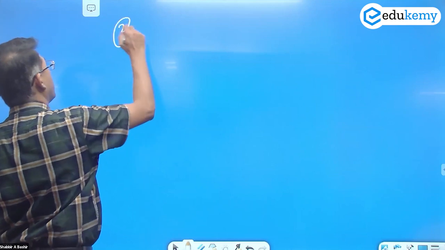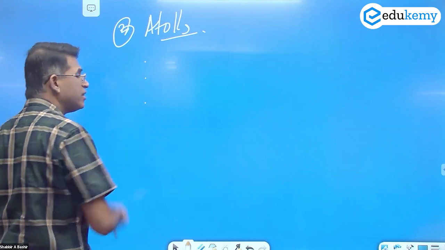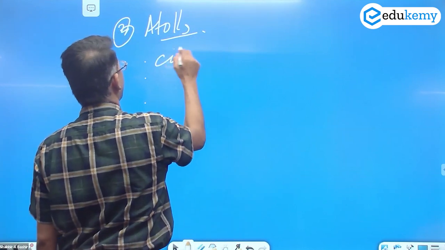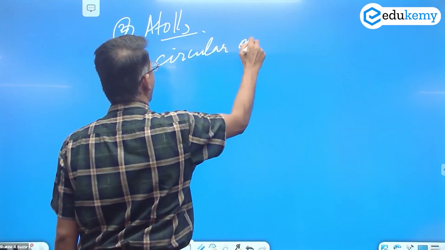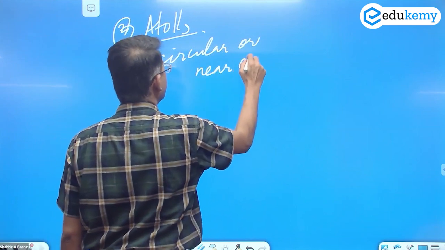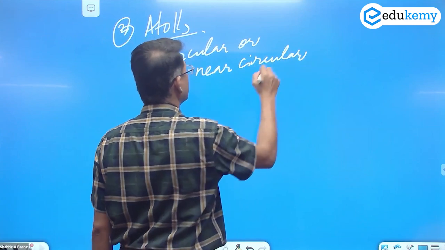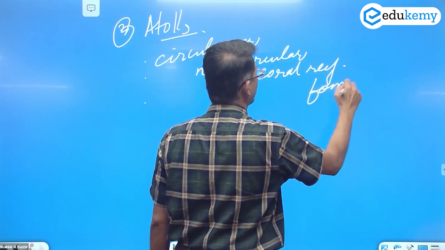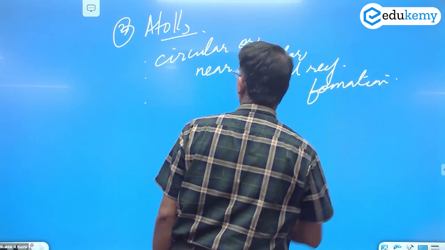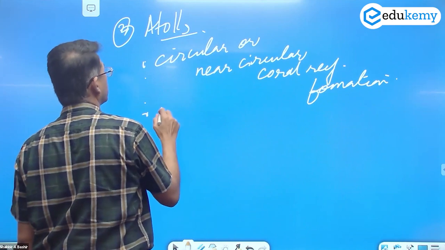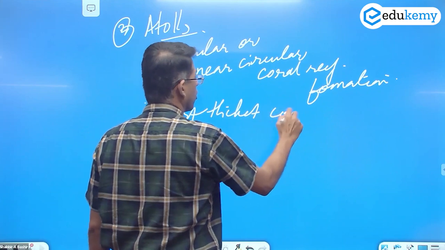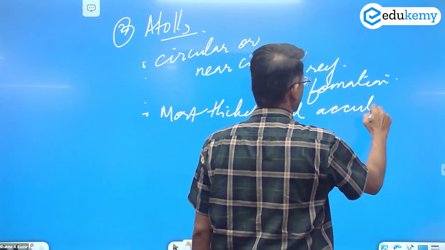The third type are the atolls. The atolls के 3-4 feature हैं. Atolls are circular, or near circular coral reef formations. Okay, they are the thickest coral accumulations.